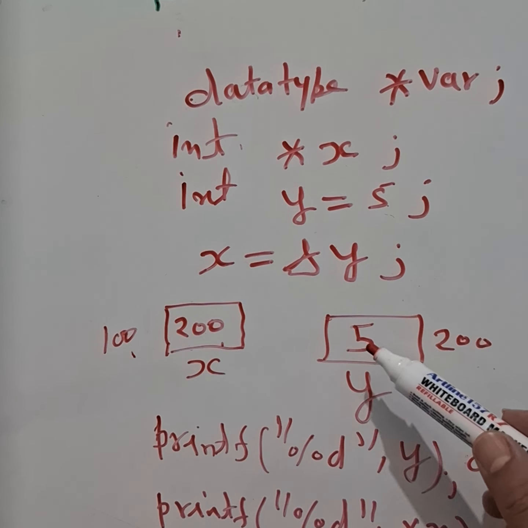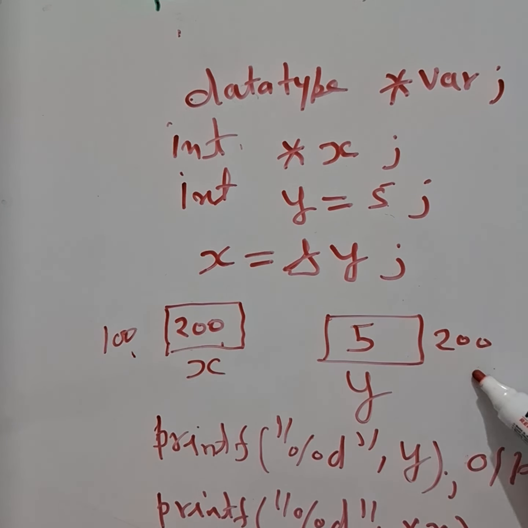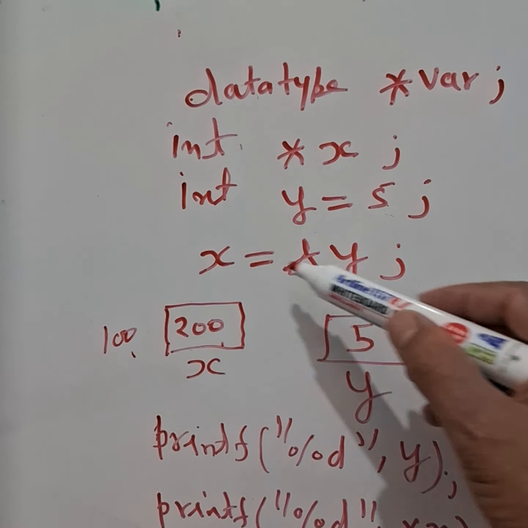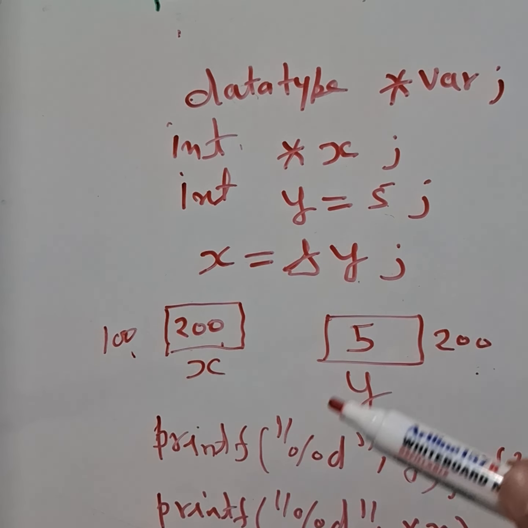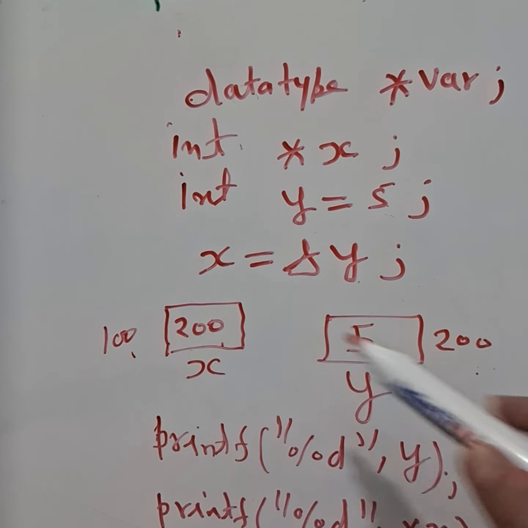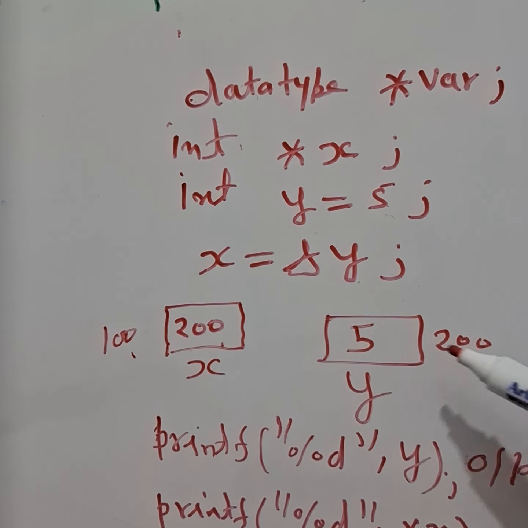That means in the memory, 5 is stored at memory location 200. Now the second expression says x is assigned ampersand y. So the value of x is ampersand y. The memory location of y is 200, so the value of x becomes 200.